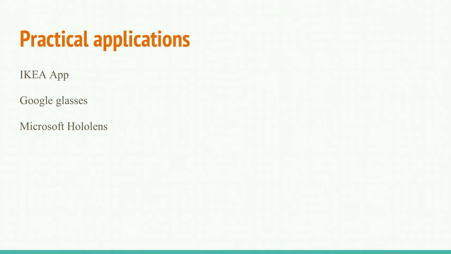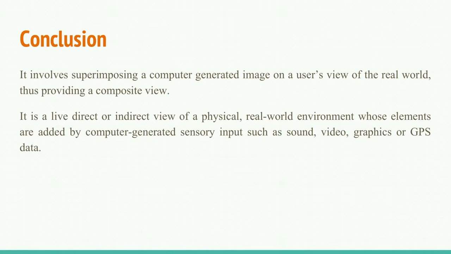Apart from that, there's one more implementation by Google, the famous Google Glasses, and Microsoft HoloLens, and Facebook is also working on some applications related to augmented reality. So we already have a lot of things in the market which implement augmented reality successfully.